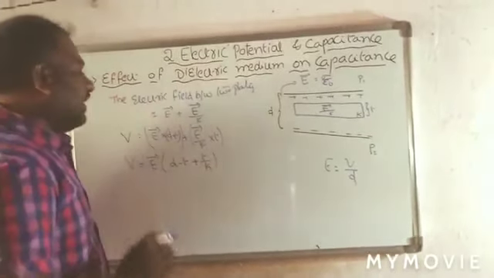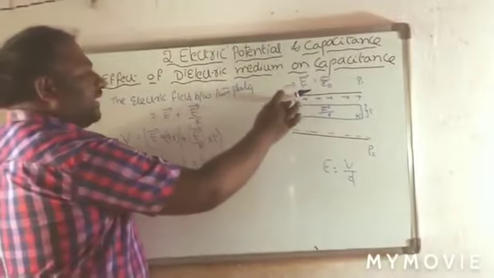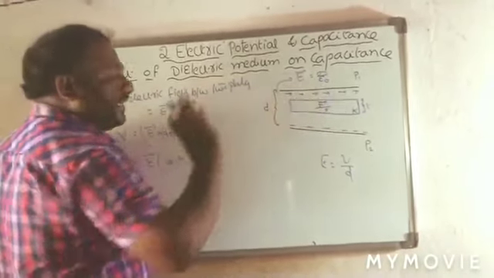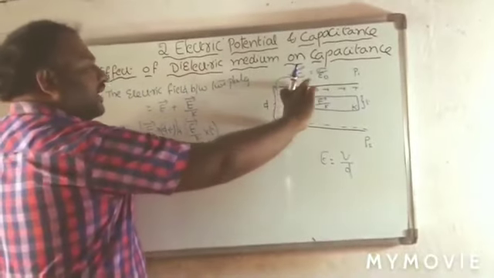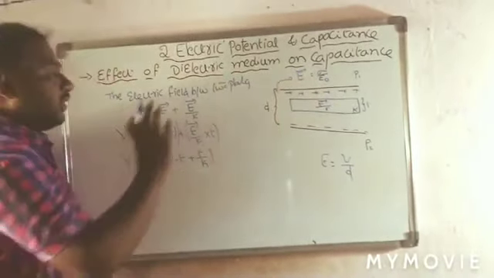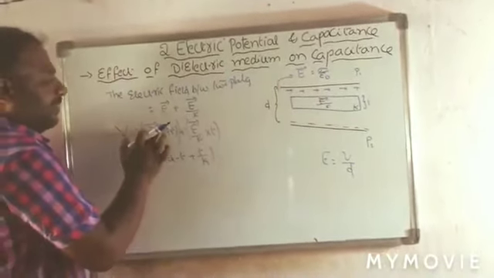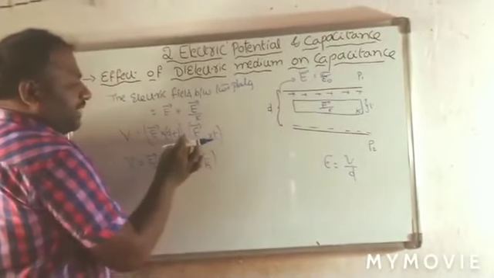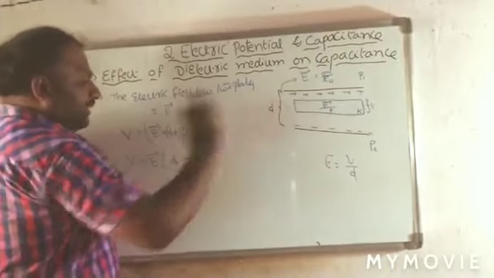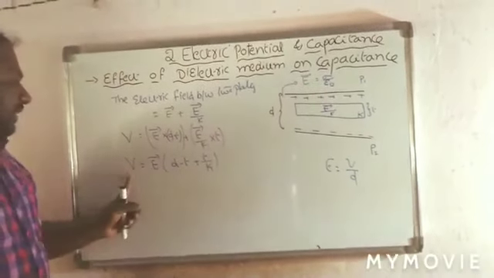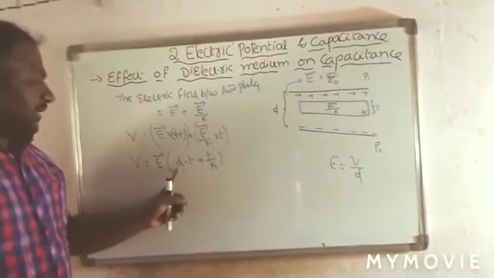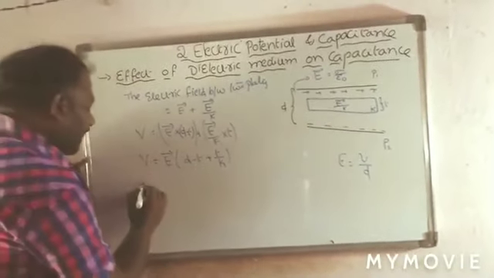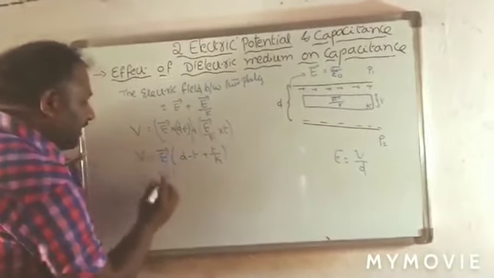Clearly understand. Here E bar is the electric field in the free space, and E bar by K is the electric field in the slab. Then the total potential between these two plates is E bar into d minus t plus E bar by K into t. So we obtain V is equal to E bar into d minus t plus t by K. And what is the formula for E bar?